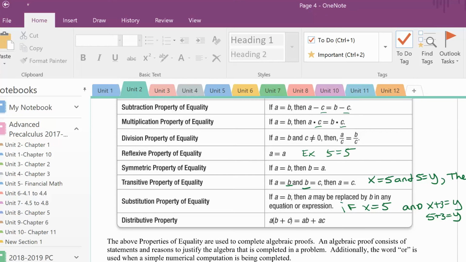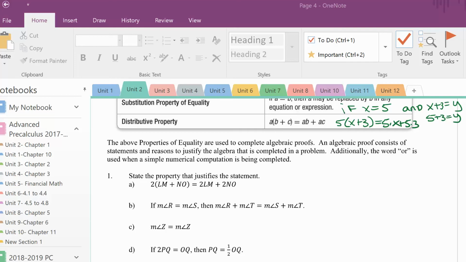The distributive property says if we have a times parentheses b plus c, that we can distribute it in. So for example, 5 times x plus 3, we get 5 times x plus 5 times 3. That's the distributive property.